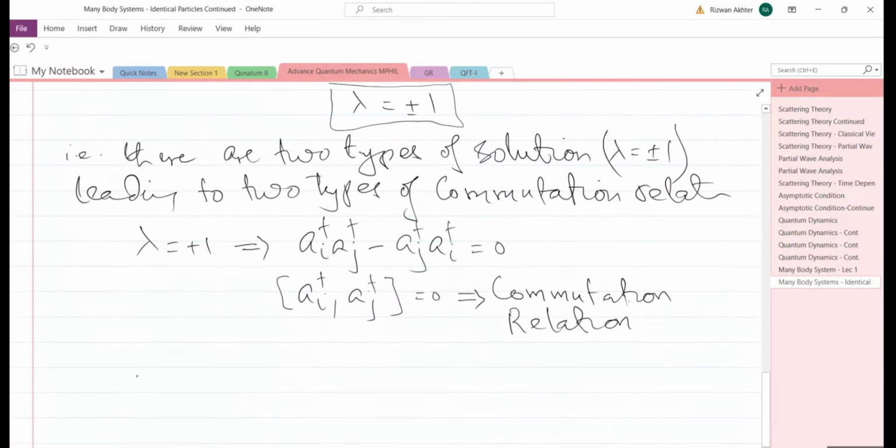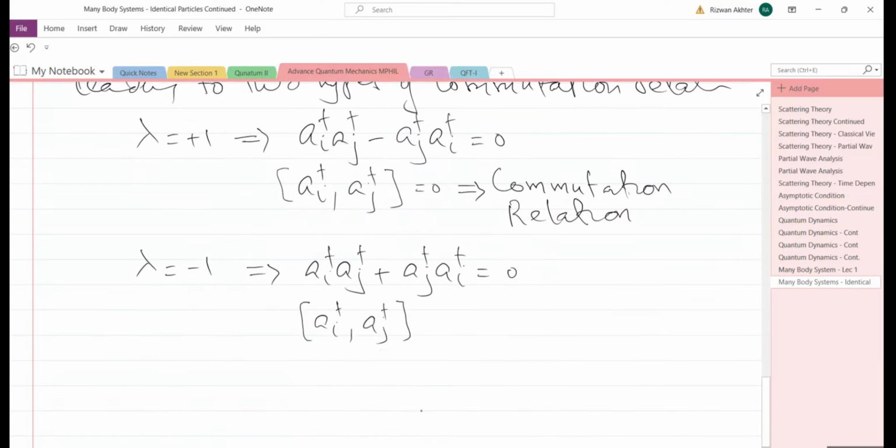And then for lambda is equals to minus 1 would imply AI dagger, AJ dagger plus AJ dagger, AI dagger equals to 0, which is AI dagger, comma AJ dagger. इसको हम यू लिखते हैं, रिप्रेजेंटेशन इसको यू करते हैं, और सब स्क्रिप्ट में प्लस साइन लगा देते हैं. ठीक है ना.